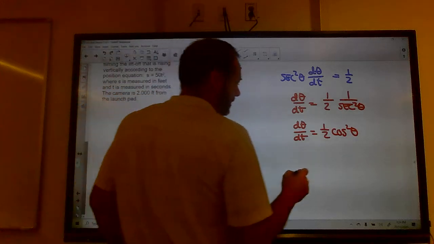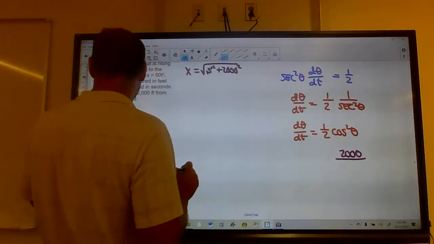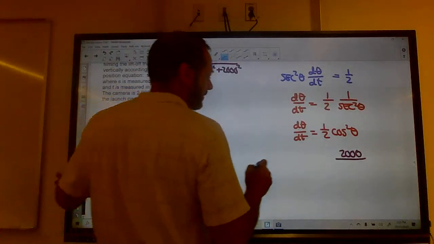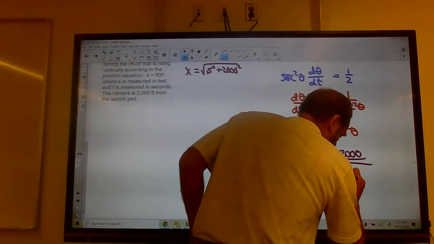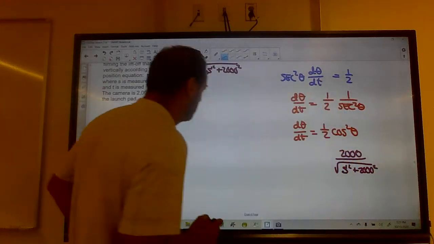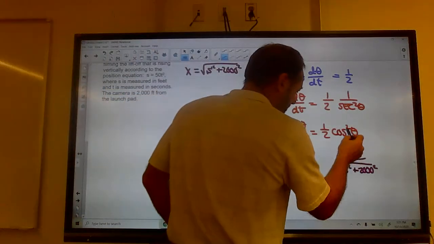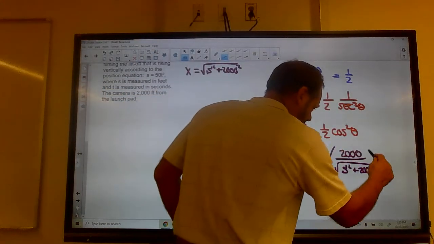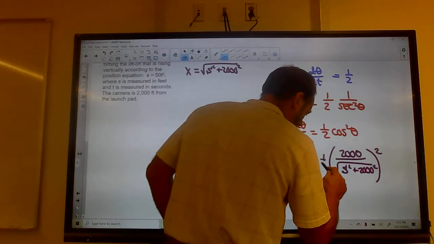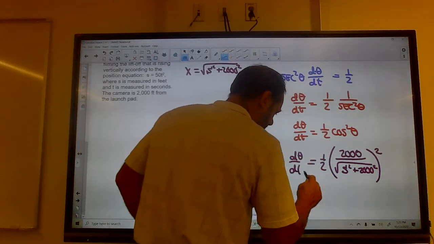The adjacent is 2,000, and the hypotenuse is going to be the square root of s squared plus 2,000 squared. And then this is going to be the cosine squared times 1/2, which is d theta dt.